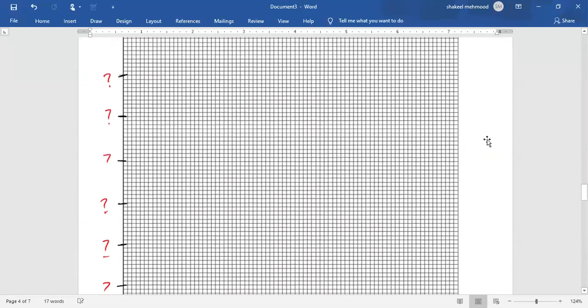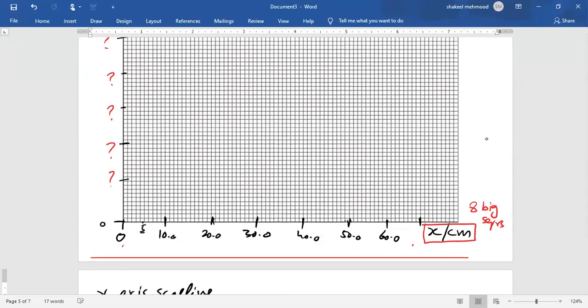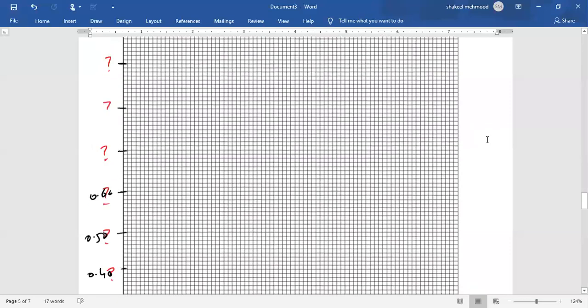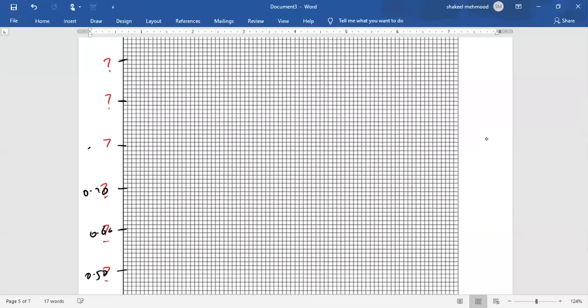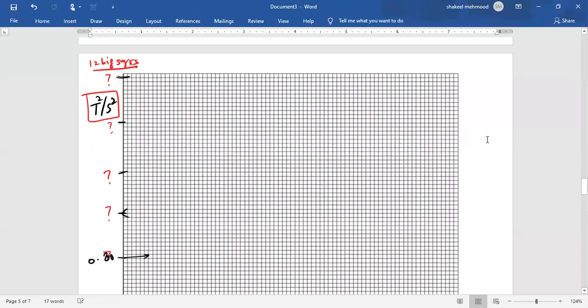So if you plot it like this, from 0 and 0.10, 0.20, 0.30, 0.40, and then moving on 0.50, 0.60, and moving on 0.70, 0.80. Look, your first point would be plotted over here, and then 0.90, 1.0, 1.1, 1.2.